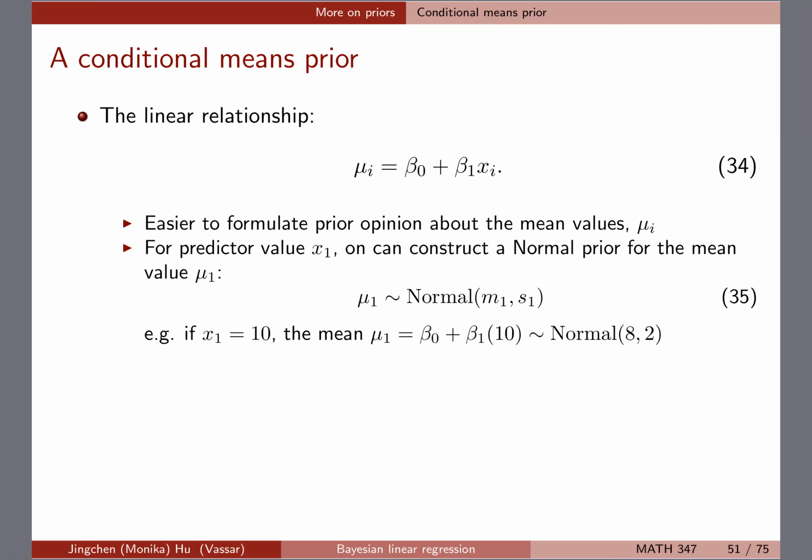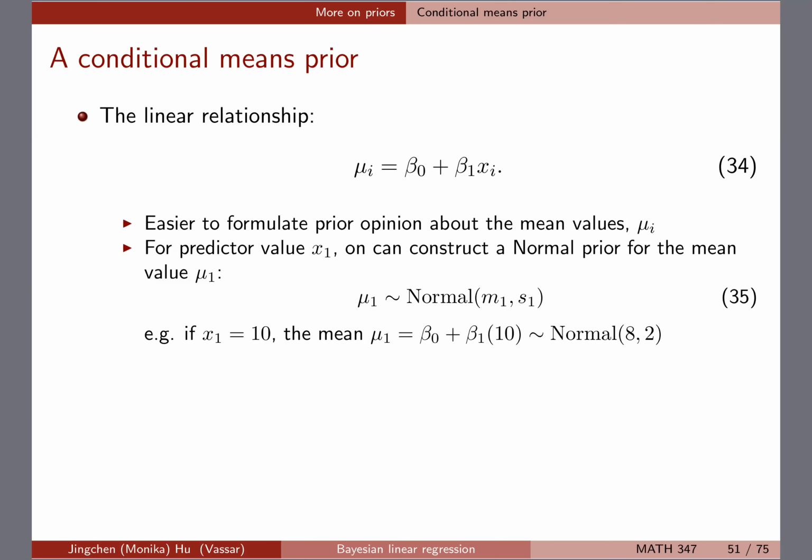In our case, that is the expectation of the log expenditure, the outcome, and x is the log of the income. For example, if log income is 10, which is x1, the mean, mu1, is going to follow a normal, and if that's what you believe, you can assign the prior to mu1 directly.